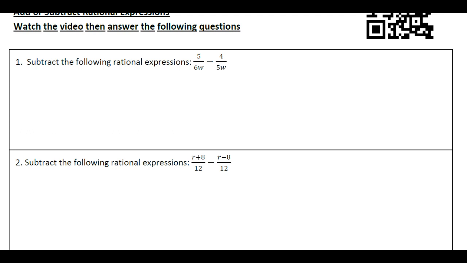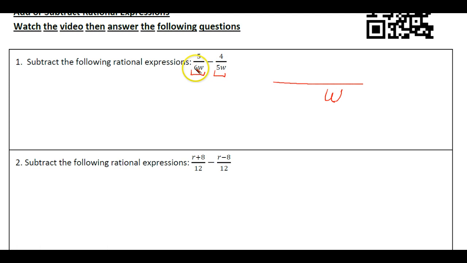Now, the general rule is when we are going to either add or subtract fractions, you must have a common denominator. So the first thing we do is think of, what would my common denominator be? Well, it has a common factor of w, so we'd have to have at least a w in there, which it already has.